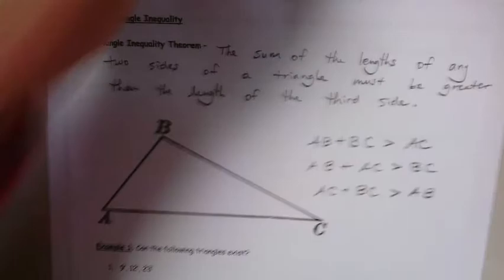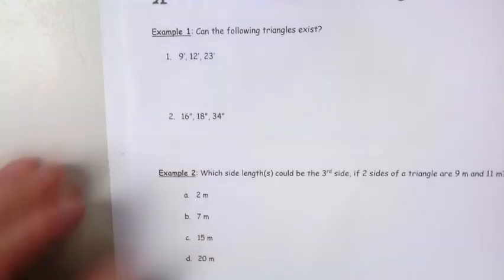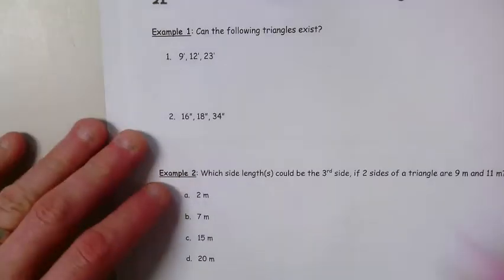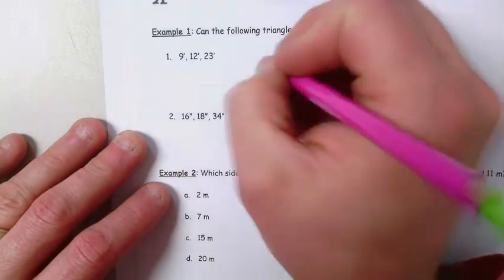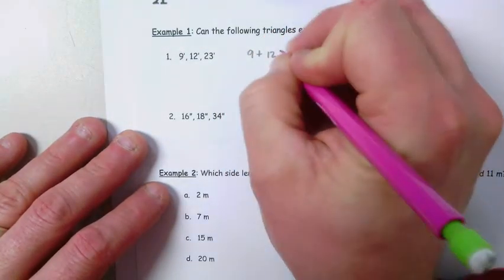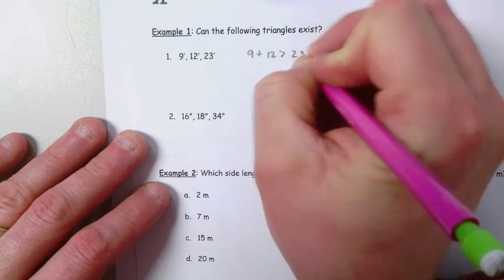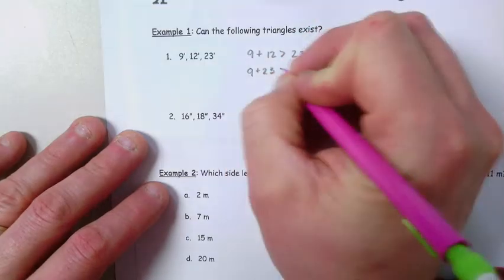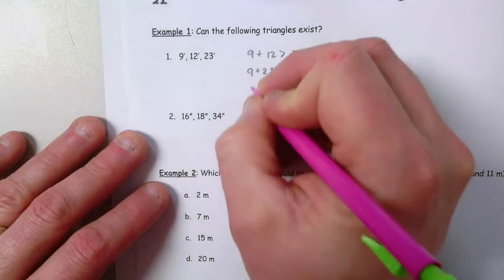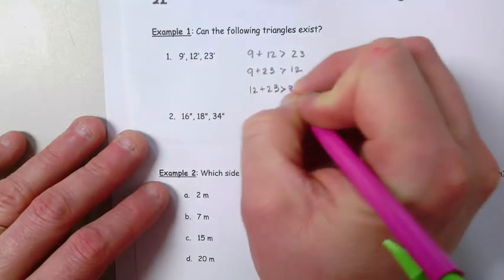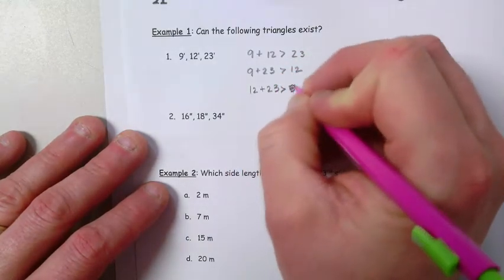I'm going to go on to example number 1 here. It says, can the following triangles exist? Meaning that these lengths might not form a triangle. So if I take what the triangle inequality theorem says, the sum of two sides must be greater than the third. Oops, that should be 9.